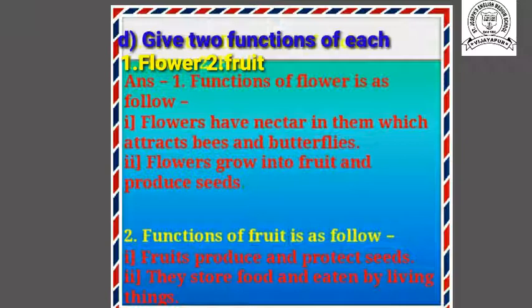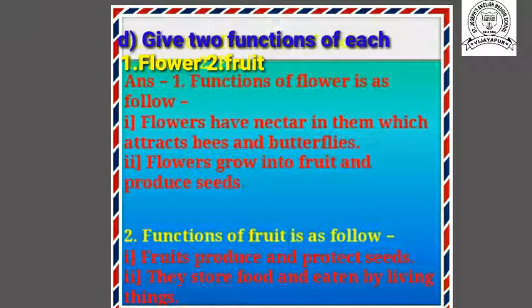Fruit is a fleshy part of the plant. Everyone likes fruits. Why? Because they are fleshy, and some fruits are sweet and some are sour. And these fruits produce and protect the seed, means inside the fruit there is a seed and that seed is protected by the fleshy part.